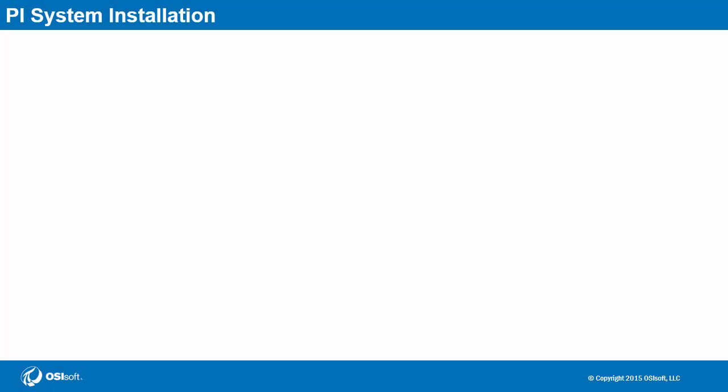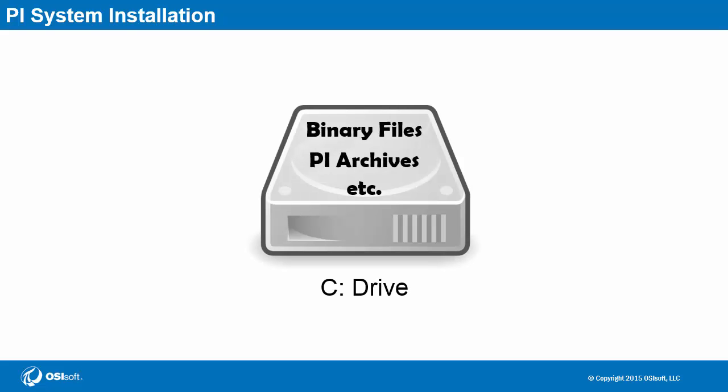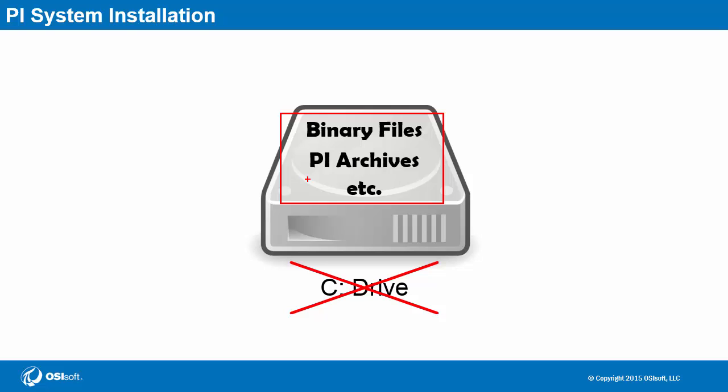Moving on to some notes on installation. With only a single drive available, the Pi Data Archive will install all of its components on the single drive. This includes binary files, Pi Archives, and more. And this is not the recommended approach for a number of reasons, including optimizing disk I/O, scalability, disaster recovery, and more.